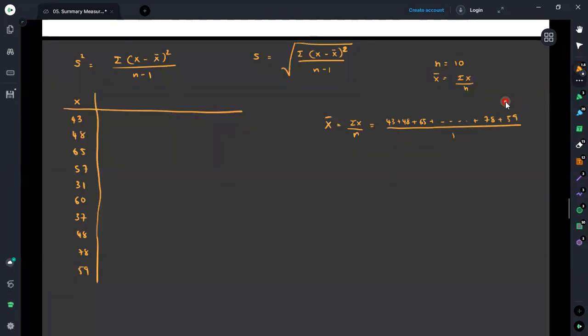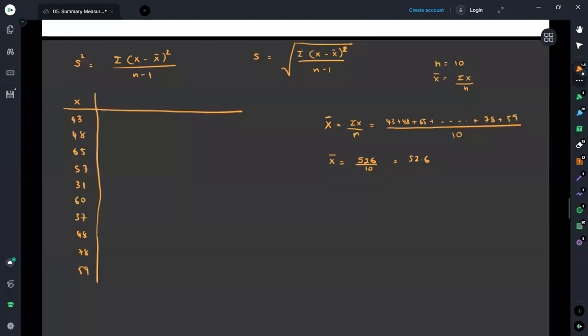This calculation gives the summation as 526, and 526 divided by 10 leads to the value 52.6.